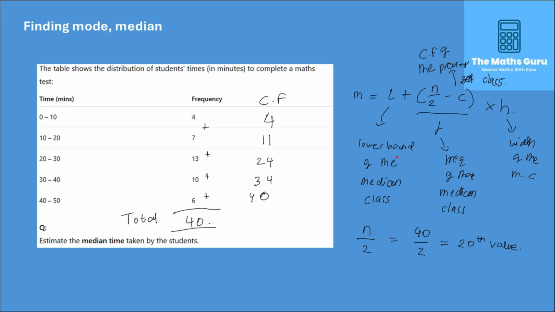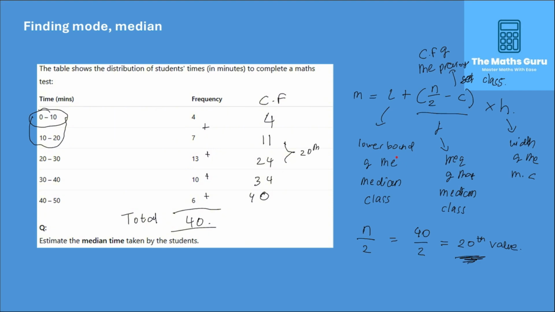So this is why we had done our cumulative frequency, because now we can exactly see in which class our 20th value falls. So you can see that the first 4 values occupy our 0 to 10. 11 shows that between these two classes combined, we had 11 frequencies. So now, building on this knowledge, we know that the 20th value must fall in between 11 and 24.